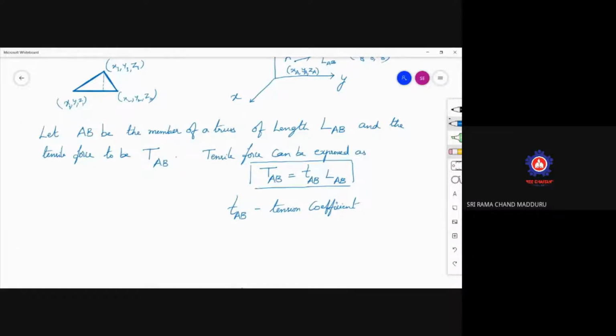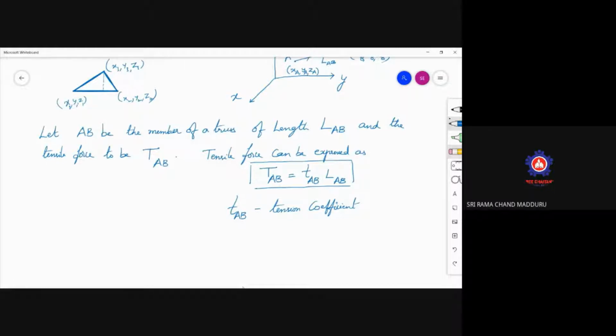In the other methods, we have written equations like sigma Fx is equal to 0, sigma Fy is equal to 0. Whereas here also we will write down the equilibrium at the joint meeting the members. Wherever the members are meeting at a joint, there we will write down the equilibrium equations.